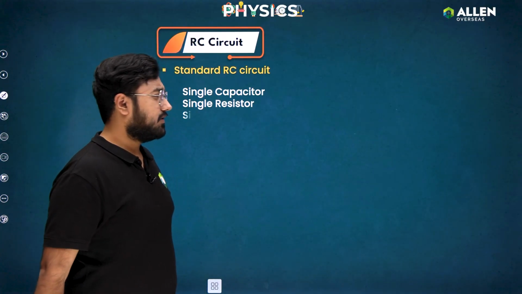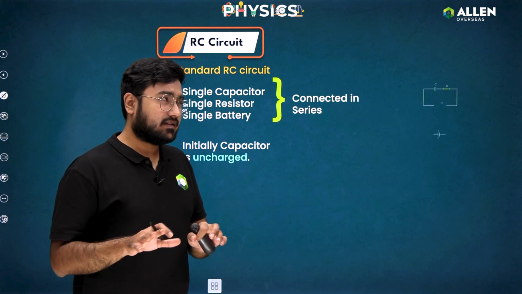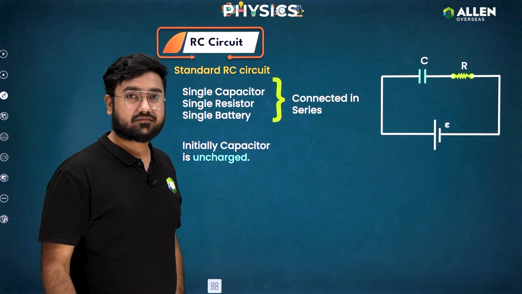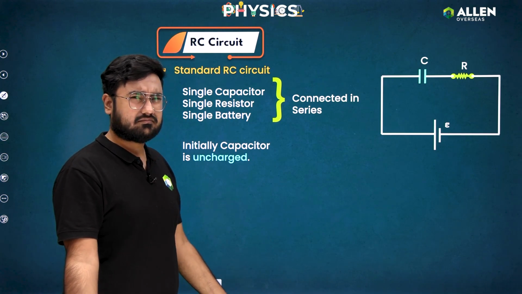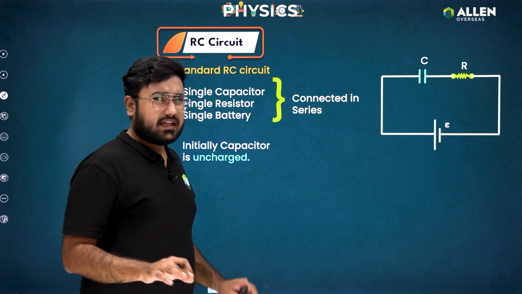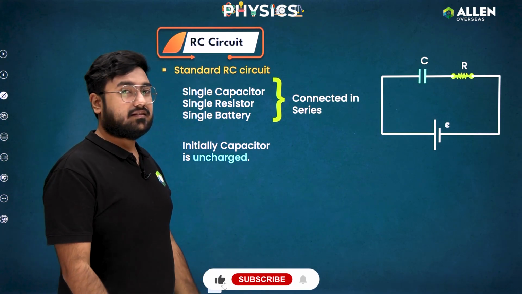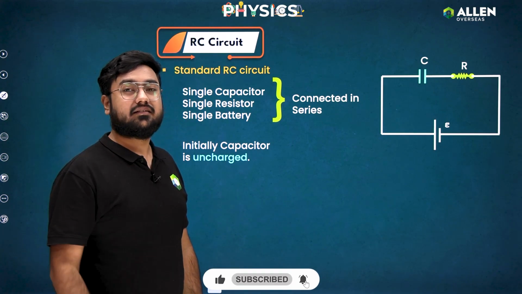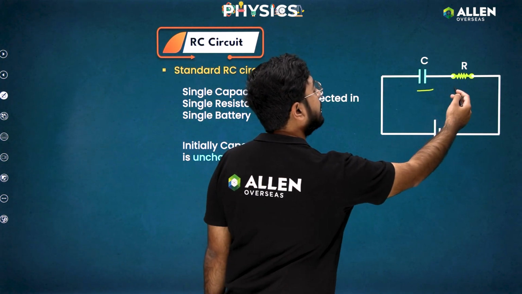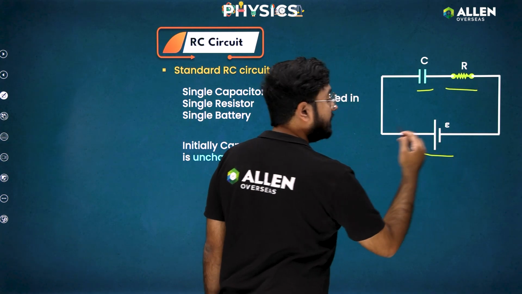RC circuit. First of all, when I talk about an RC circuit, it will consist of a resistor and a capacitor, RC. Yeah, duh. And in order to make a simple RC circuit, you need 3 ingredients. What are those 3 ingredients? One capacitor, one resistor, and a battery.